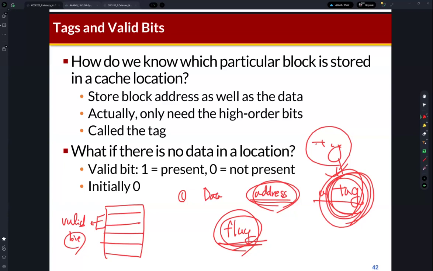The cache also needs to store flag bits, like the valid bit. So tags and valid bits, or cache flags, need to be stored in each entry of a cache.